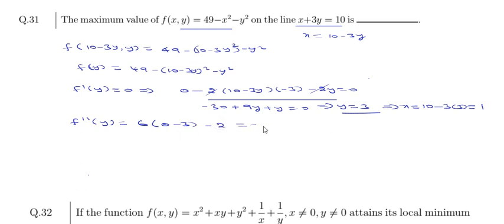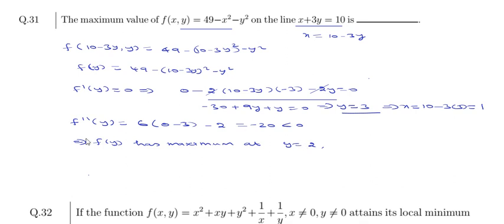So this is equal to minus 18 minus 2, which is minus 20. So this is less than 0, which implies this function f of y has a maximum at y is equal to 3.